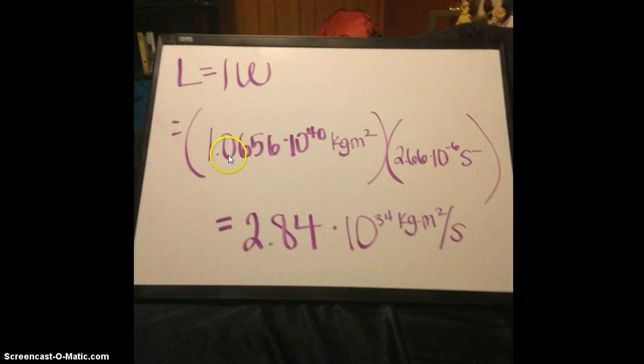So we plug in the I and the omega we found, and at the end you can see we get 2.84 times 10 to the 34th kilograms meters squared per second. As you see, we didn't need the radians in here, so I rewrote the second with a negative exponent, which stands for the seconds on the bottom.